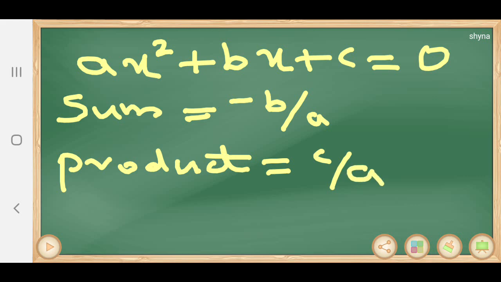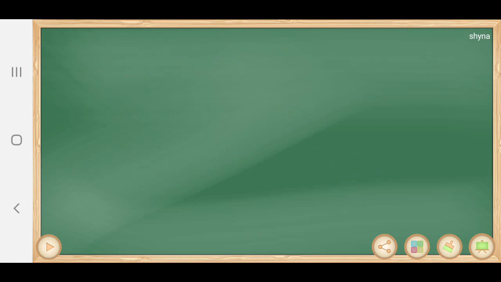Yes, dear children, for a quadratic equation, its sum of the zeros equals minus b by a, and its product is c by a. Then we can rewrite this.